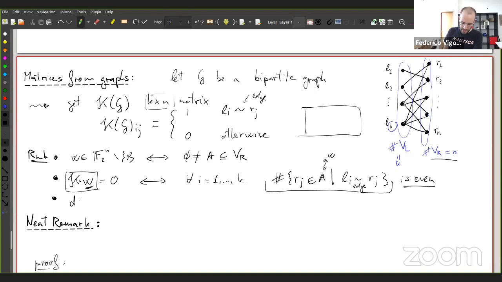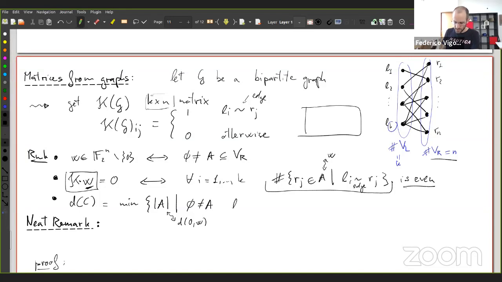And the distance of C is therefore equal to the minimum of the size of A, because the size of A is just equal to the distance between 0 and W, where again W is the word that is associated with A. And we're taking the minimum over all the non-empty subsets such that L_i has an even number of neighbors in A.